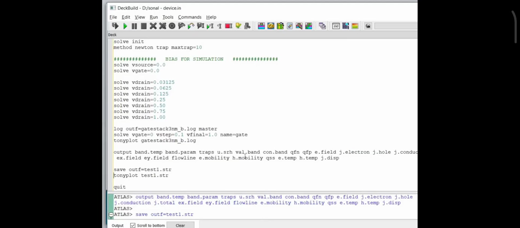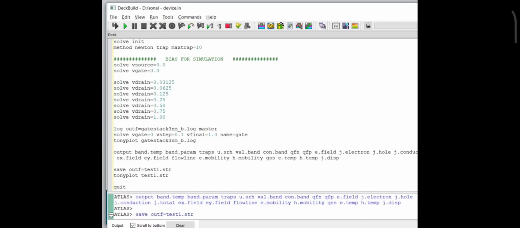You have to mention this code to find out surface potential and electron density from the structure file. Next we have to save the structure file and you can observe it with the help of the TonyPlot command. And the last one is quit.